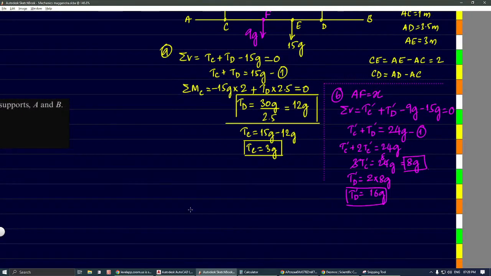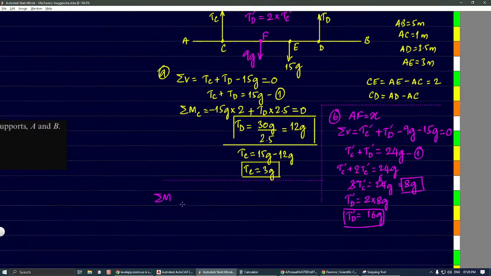Now we have to take moment. So sigma M. Moment about which point? Let's take moment about A point. Now here we have TC into AC. AC length is 1, anti-clockwise, so positive.